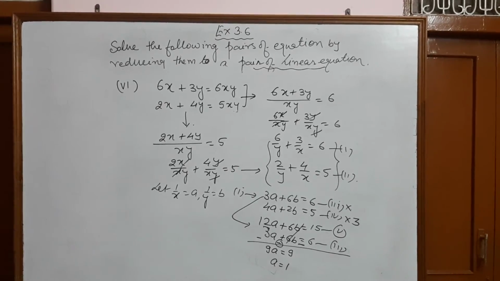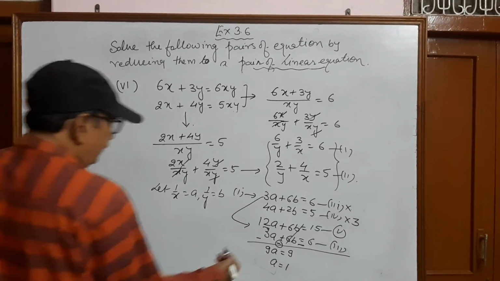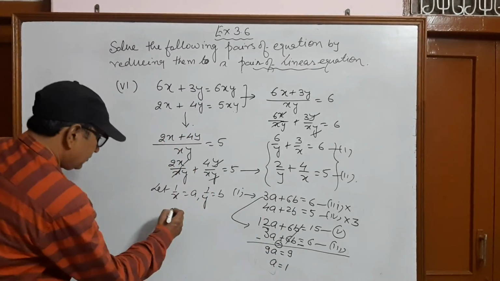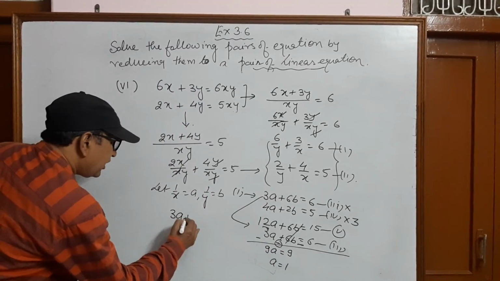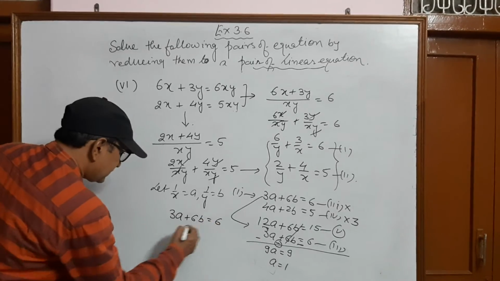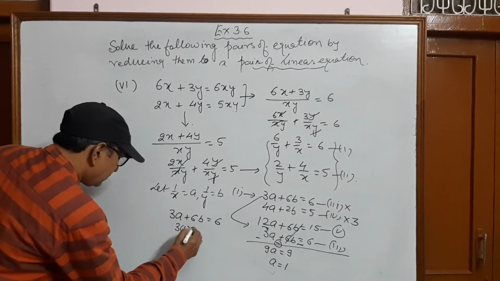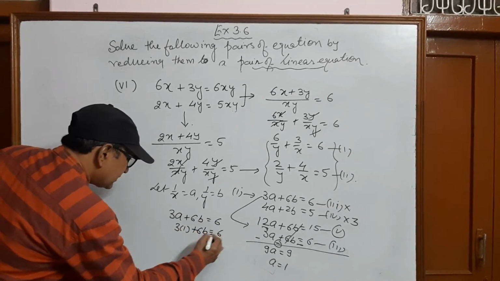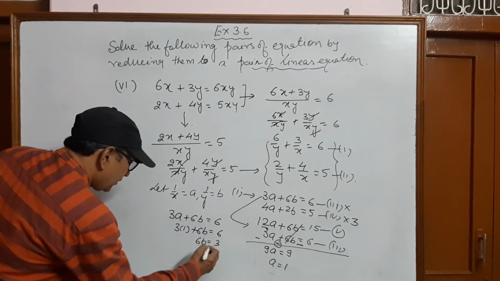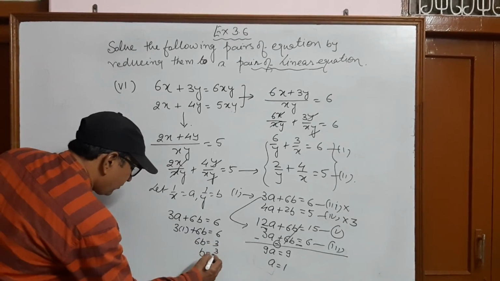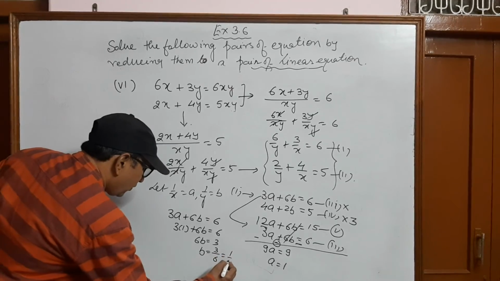So a equals 1. Then put the value of a in any equation. 3a plus 6b equal to 6. So it is 3 plus 6b equal to 6. So 6b equals 3. b equals 3 upon 6, which means 1 upon 2.